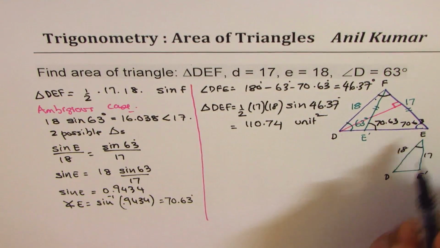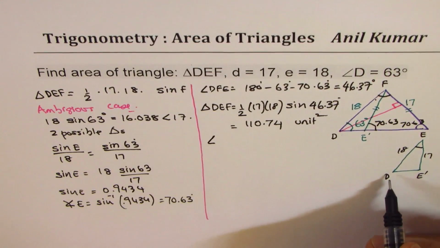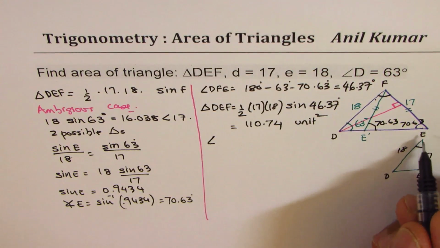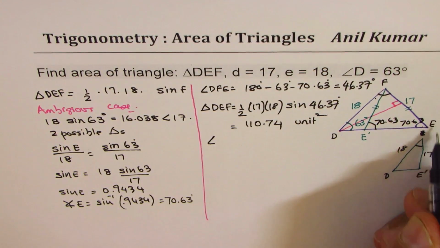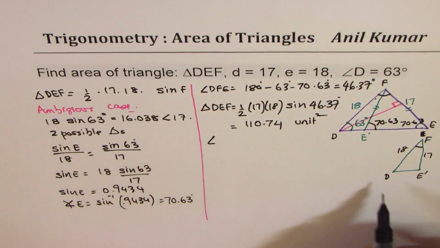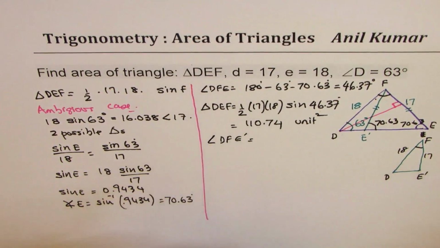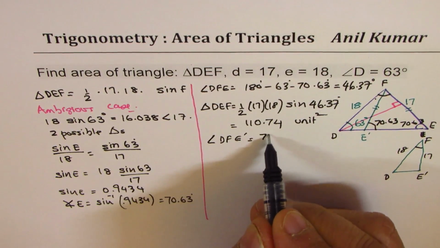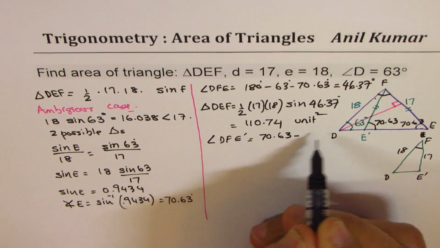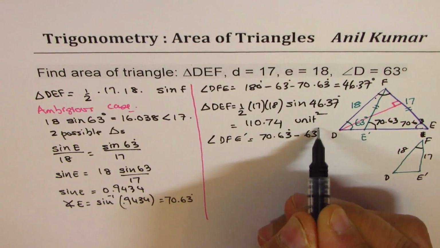So now angle DFE dash will be equal to 70.63 take away 63 degrees, correct?